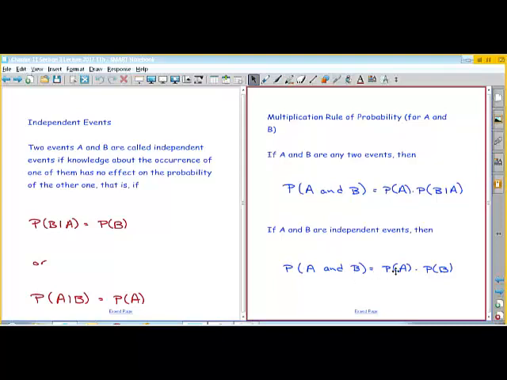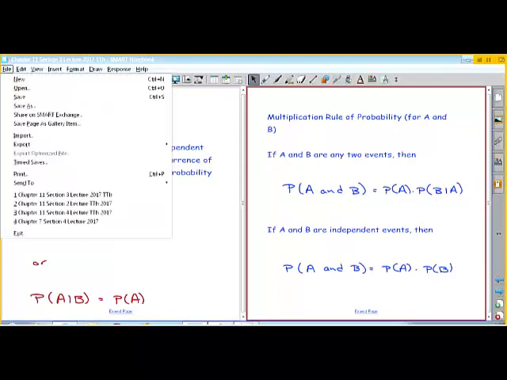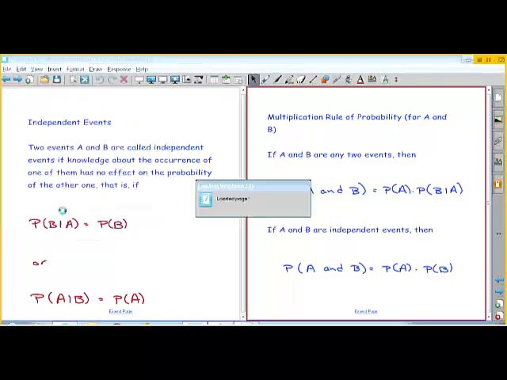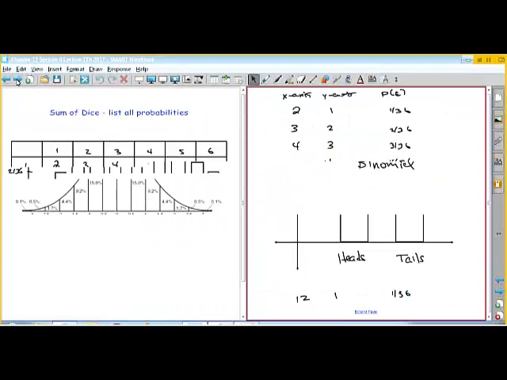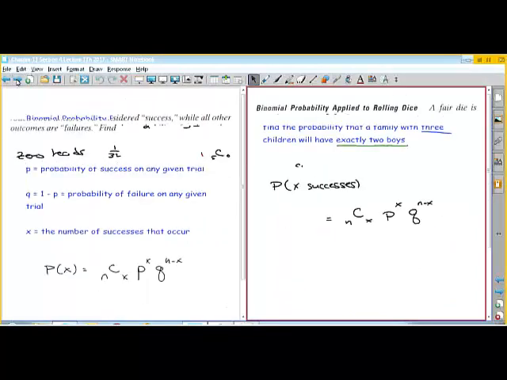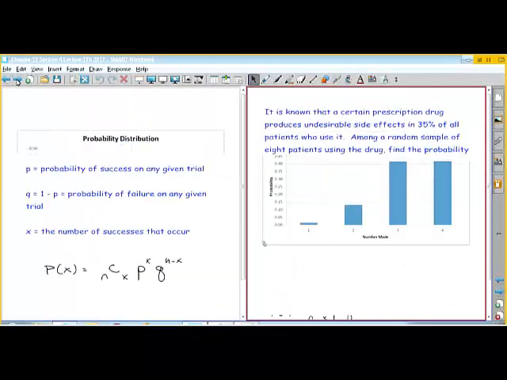So the probability of 2 events happening, A and B happening, is the probability of event A happening times the probability of event B happening. And if you had 3 independent events, it would be the probability of event A happening times the probability of event B happening times the probability of event C happening. So to find the probability of things happening using the "and" words. And even though if we go back to here, the problem doesn't say anything about "and", you can think of it as an "and" question.